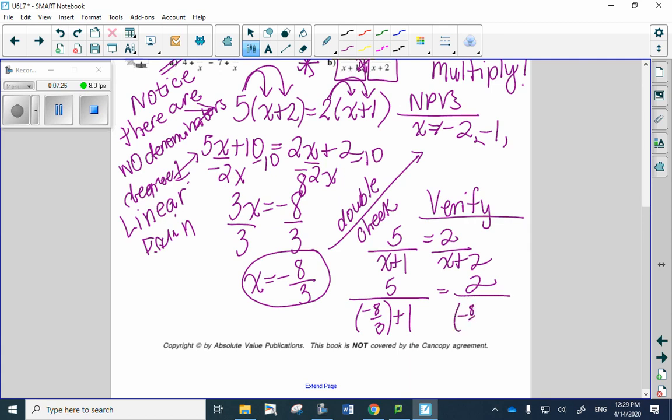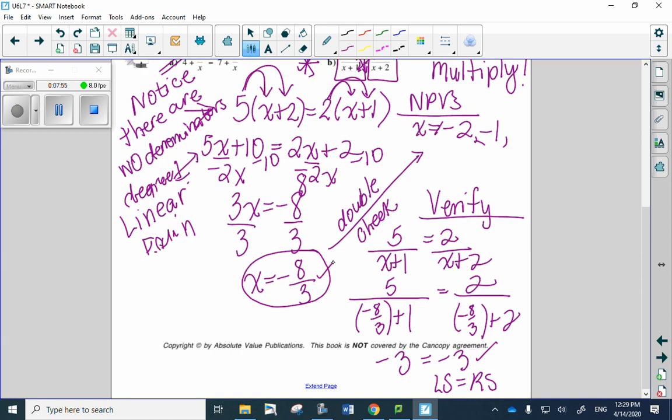You simply need to take your calculators and plug these numbers in and make sure that we get the same result. So when I plug all of this into my calculator, I get negative 3 is equal to negative 3. So does your left side equal the right side? It does. So I give myself a little check mark and I say the left side is equal to the right side. So we know for sure negative 8 over 3 is a solution.